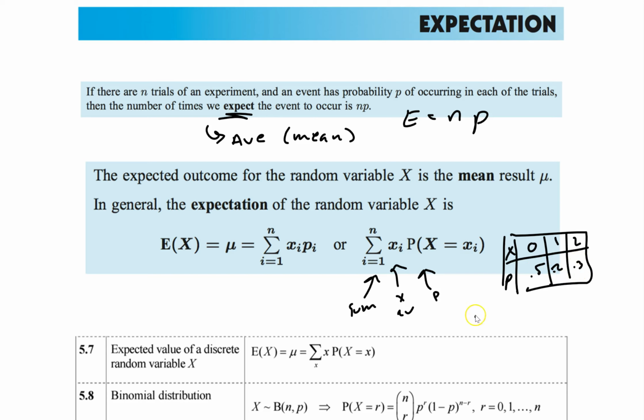If you want to find the expected value, just do what it says. Multiply x times p, all the x's times all their p's, and then sum, add them up. That's how you find expected value. If I just give you 2 sets of data, multiply them. If I give you a table of data, multiply them, add them up. That's it.